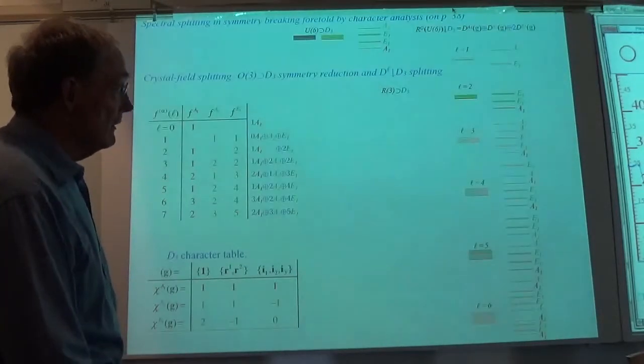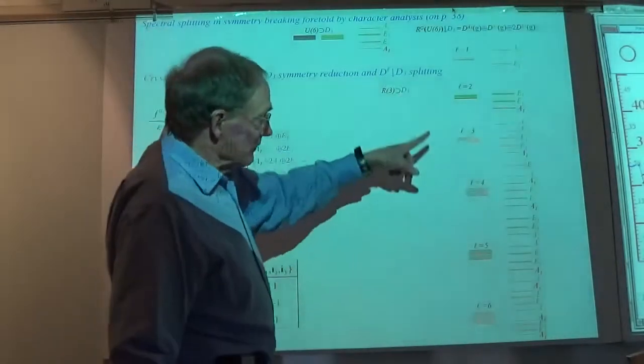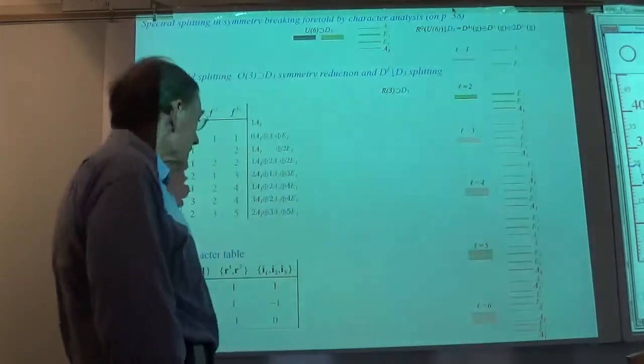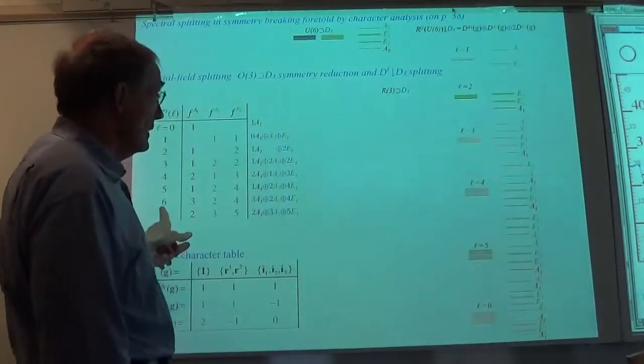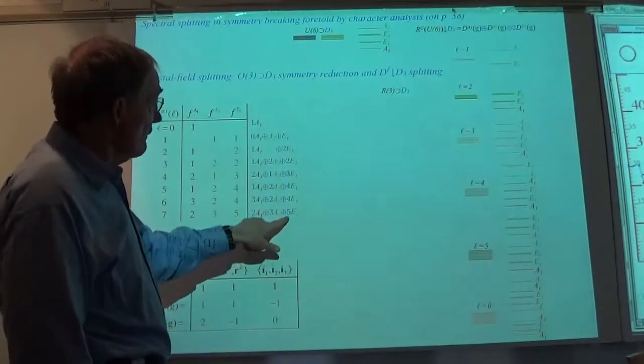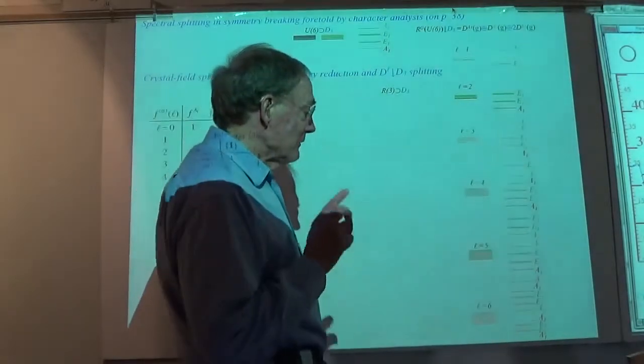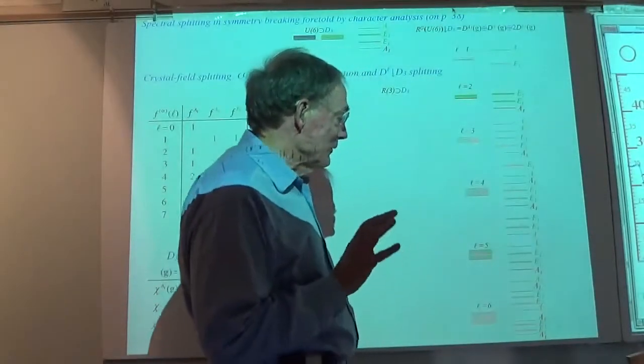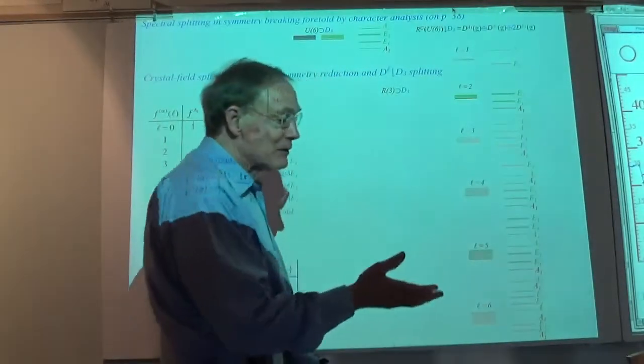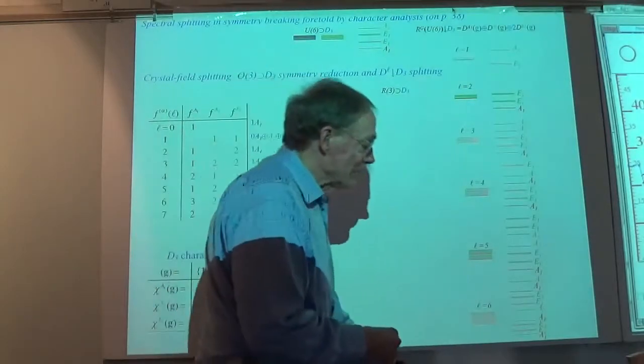Okay? Here's a look all the way up to 6. Just to see what it looks like. And there's 7. 7 has 5 of those doublets. Now here's what you're going to see if we work this out with a typical simulation.